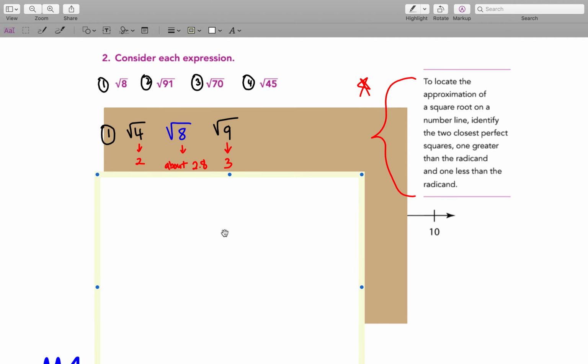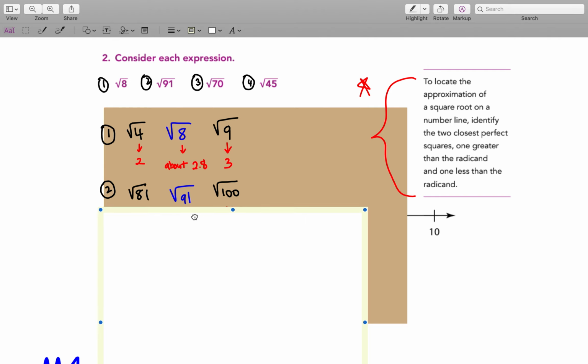Let's do the next example. We have square root of 91. Your first task is to put that in the middle, and find the two perfect squares, one less than and one greater than. Square root of 81 is a perfect square because 9 times 9 is 81, and 10 times 10 is 100. So the square root of 81 is 9 and the square root of 100 is 10.